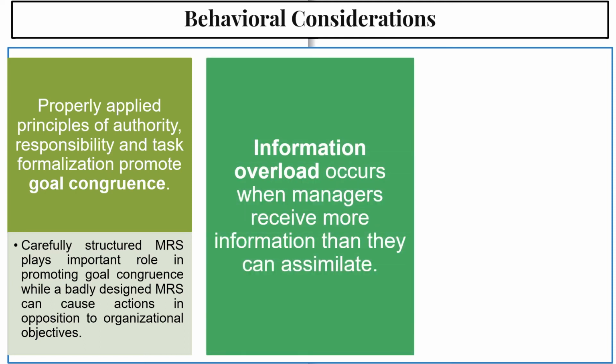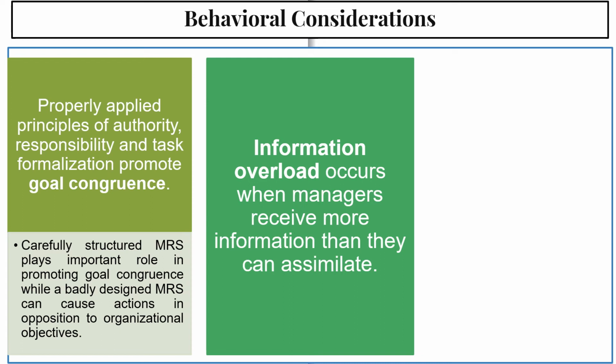Information overload is another behavioral consideration. We need to give the managers only the information needed, not unnecessary information. Information overload occurs when the managers receive more information than what they need or what they can assimilate.